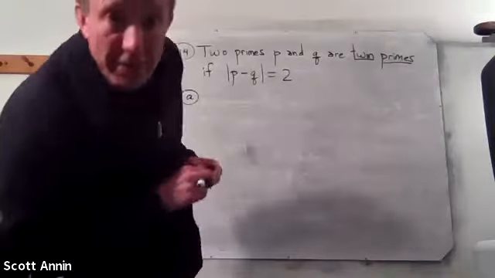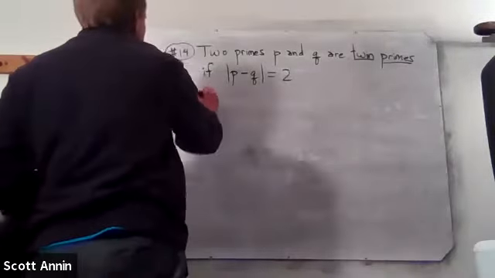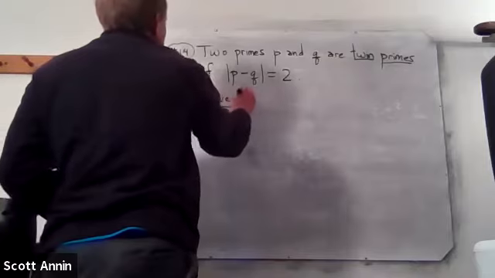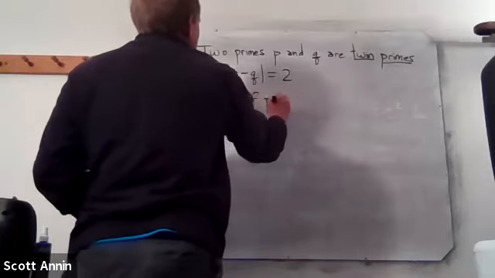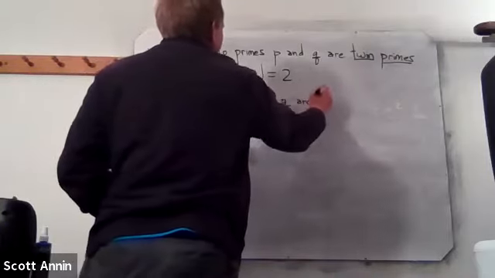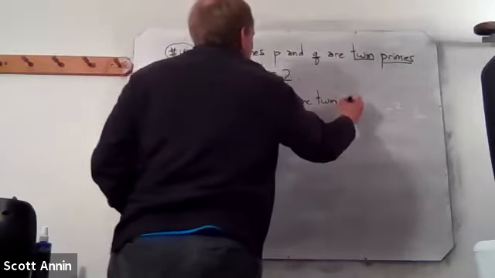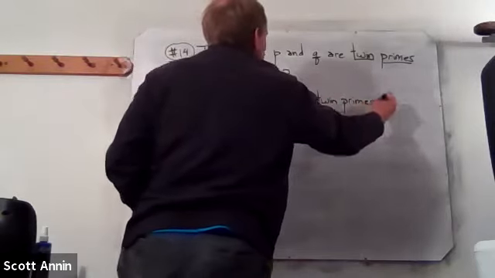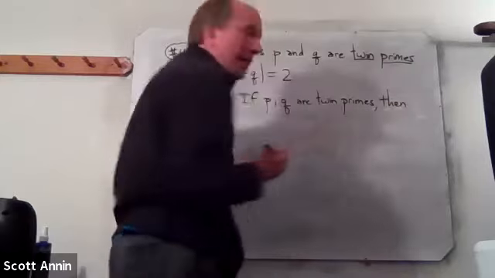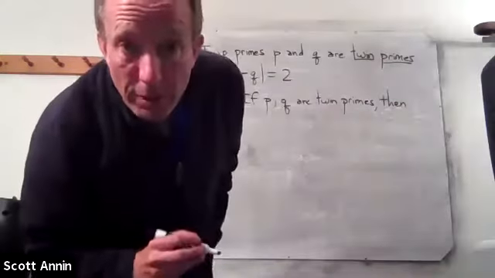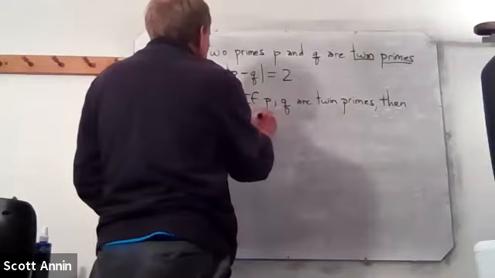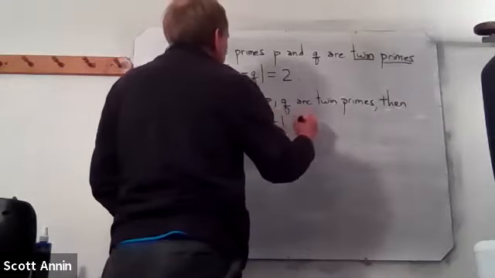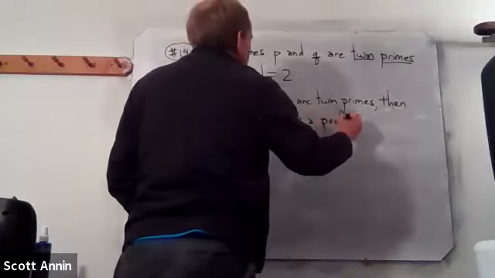For part A of this one, let's prove that if P and Q are twin primes, then P times Q plus 1 is a perfect square.